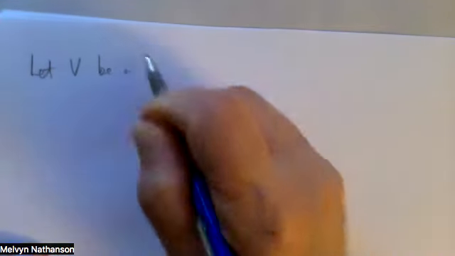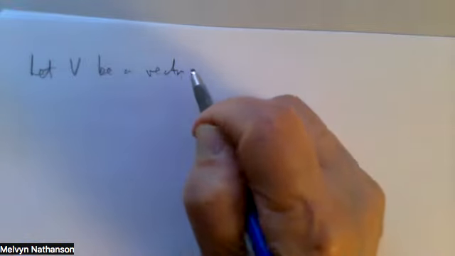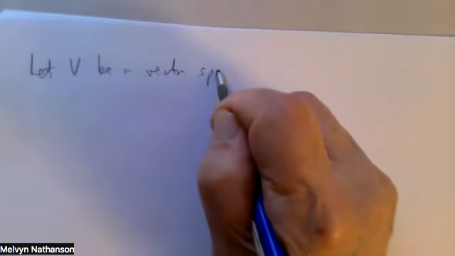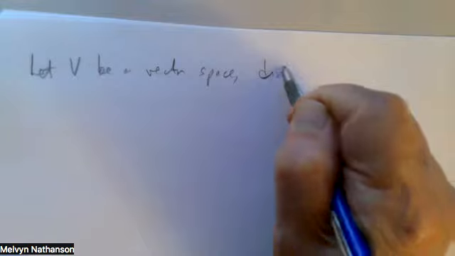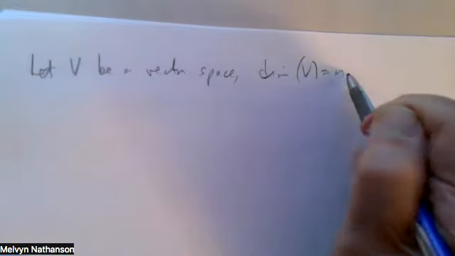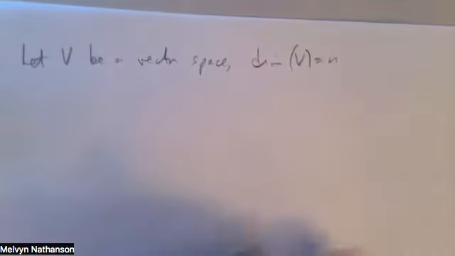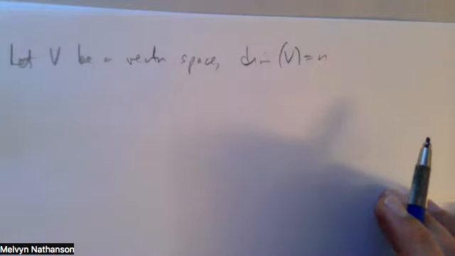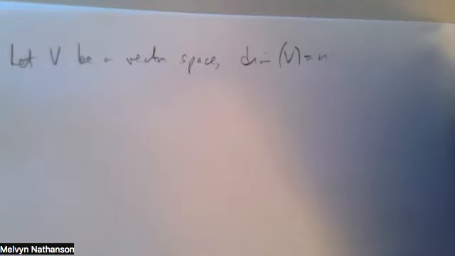So we say let V be a vector space over a field F. The dimension of V is equal to n. So every basis consists of n vectors.